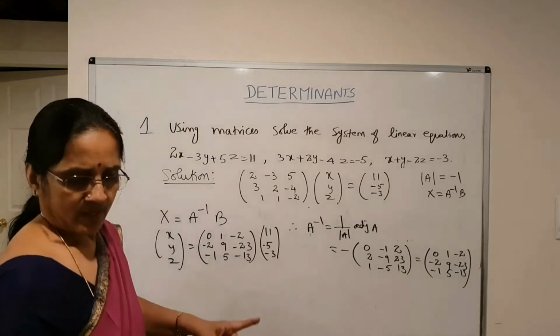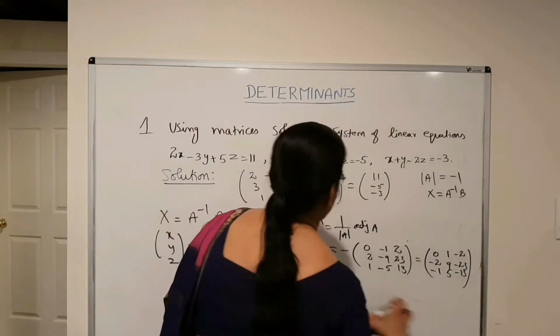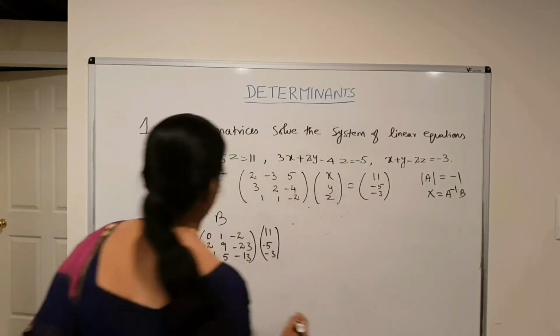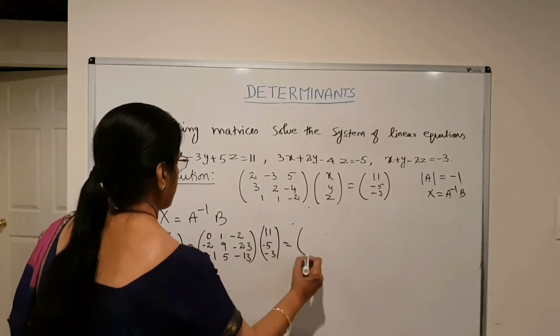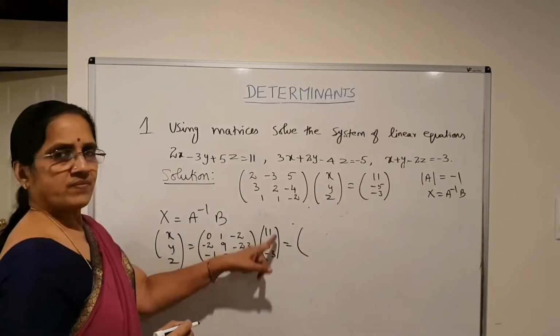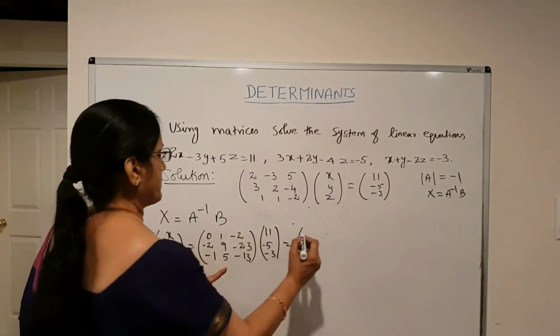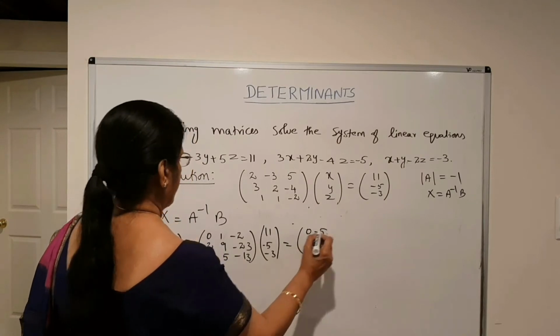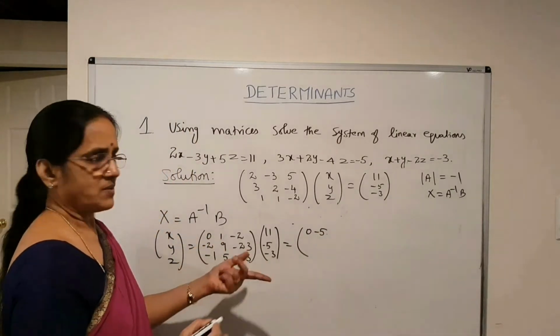Okay. Now, let me multiply this. I will be getting this as first row and first column. 0 into 11 is going to be 0. 1 into minus 5, minus 5. Minus 2 into minus 3, plus 6.